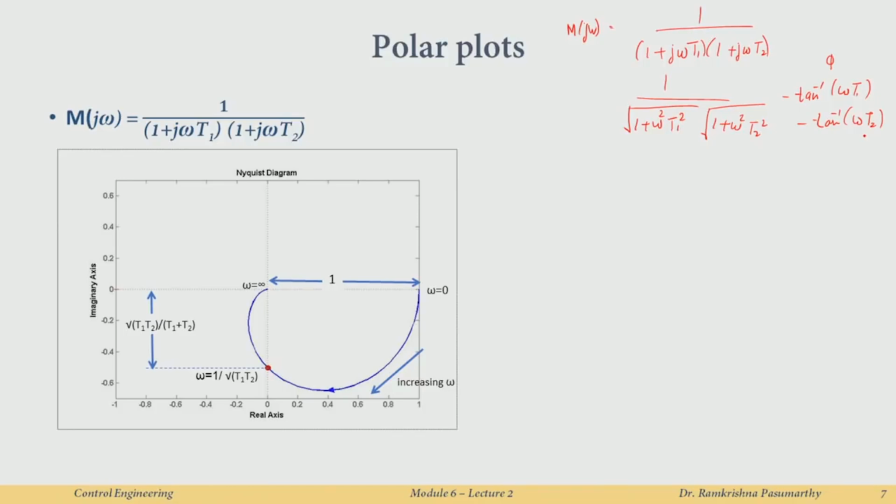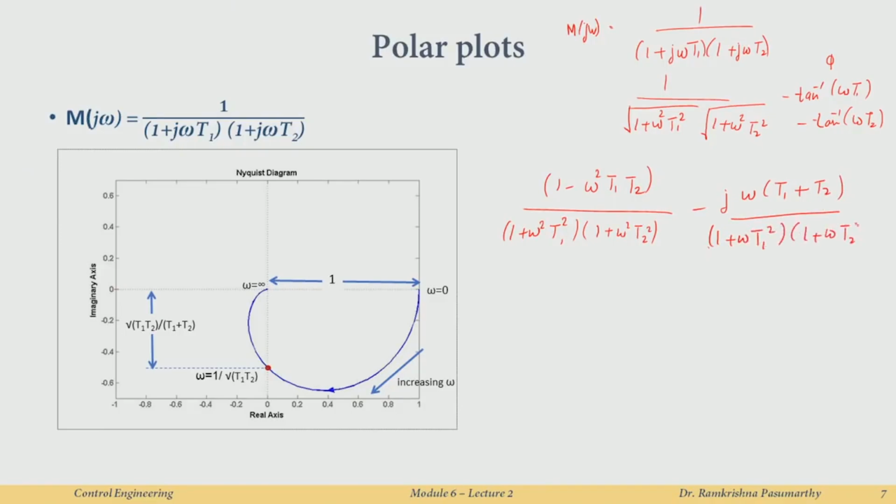Now again I could do the rationalization and write it down in the real and imaginary parts, and it would look something like this: 1 minus omega squared t1 t2 over the denominator, 1 plus omega squared t1 squared times 1 plus omega squared t2 squared, minus j omega times t1 plus t2 over the same entire denominator.